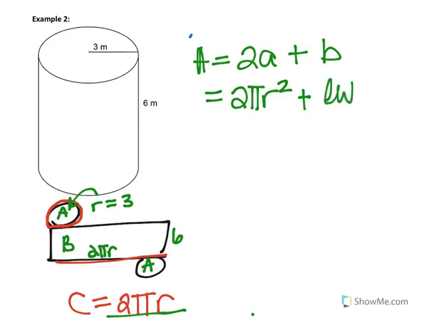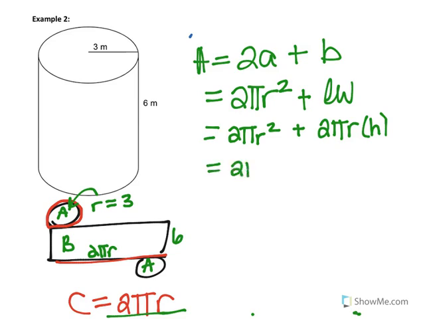We'll do the length times the width for shape B, the rectangle, but we don't actually have lengths and widths in this formula. We have radiuses and heights. So we're going to say the length is 2 times pi times r, and the width is then the height. So your formula for a cylinder is 2 pi r squared plus 2 pi r h.